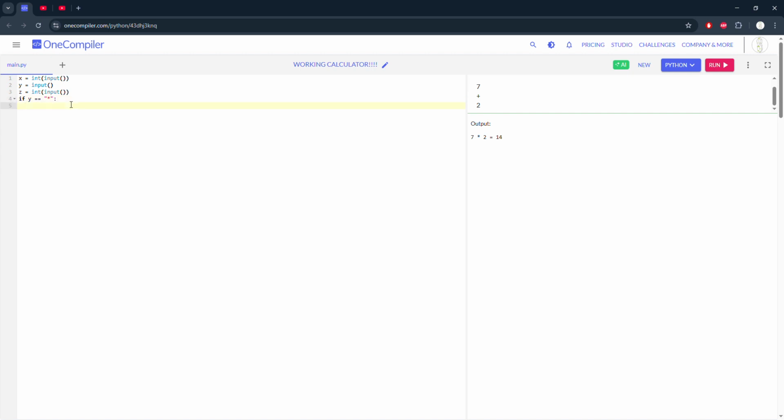So, what happens next is we ask our program to print. We take our very first number, x, which is 7 in our case, and we put this 7.